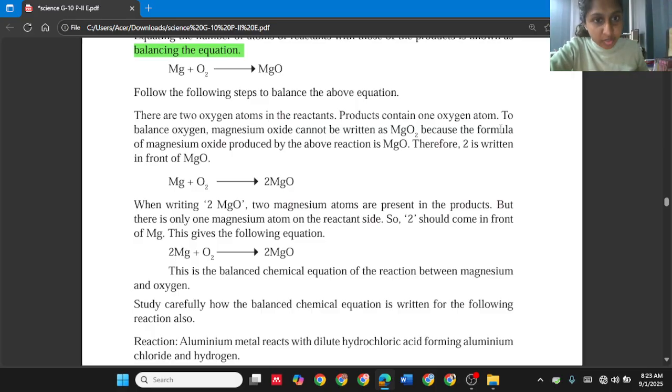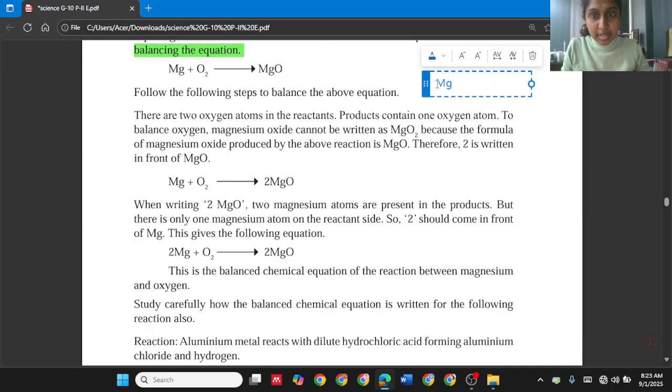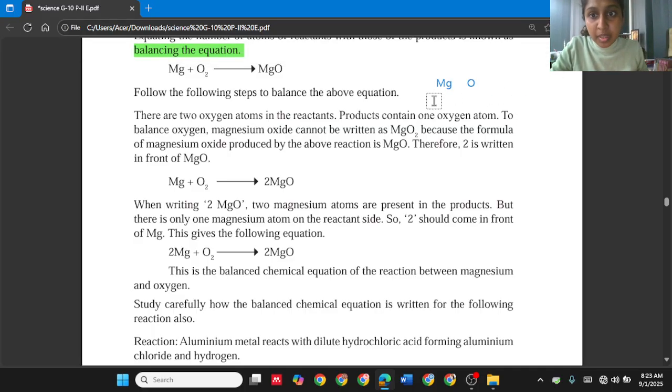To balance oxygen, magnesium oxide cannot be written as MgO2, because the formula of magnesium oxide produced by the above reaction is MgO. Remember how we write these molecules using the valency theory? So if I write it like this, magnesium and oxygen. What are the valencies of them? For magnesium it's 2.